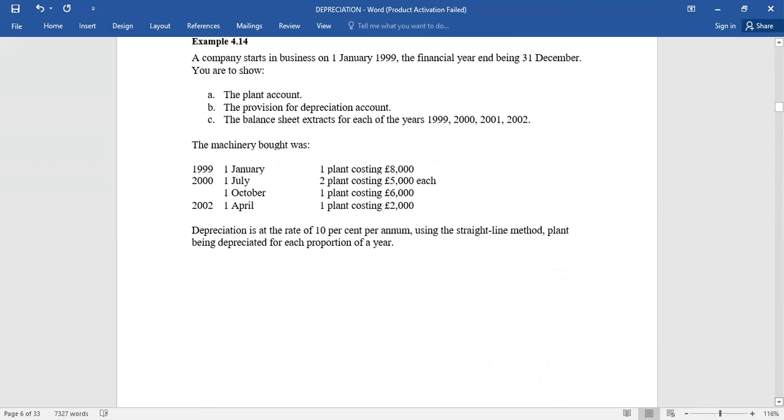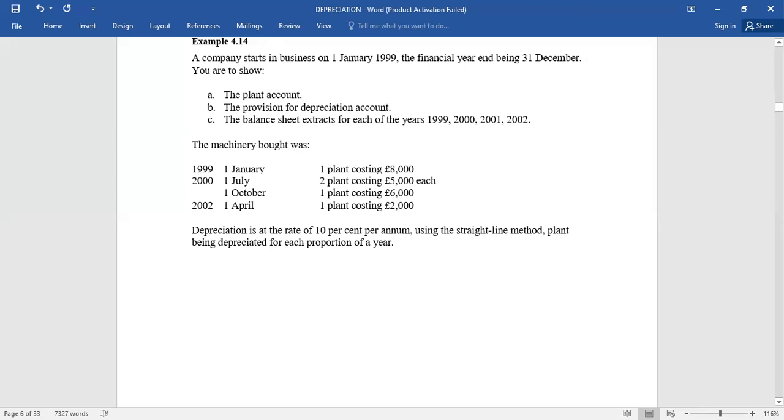The financial year end being 31st December, and we are required to show the plant account, provision for depreciation account, and then the balance sheet extract for the years 1999, 2000, all the way to 2002.